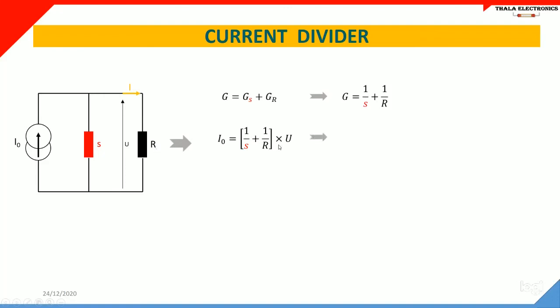And from here we can extract U, which is the DDP between the pins of our resistors.